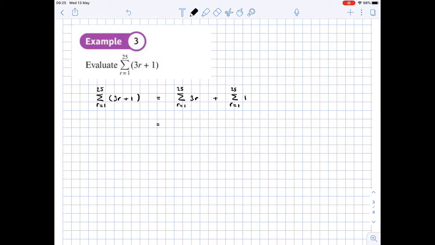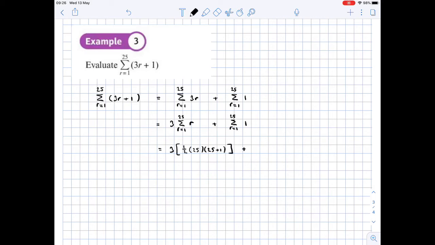This can be simplified further. So we can take 3 out, and on the second one that stays as it is. So now we can see we have 3, and here we can use the formula, a half times 25, 25 plus 1.